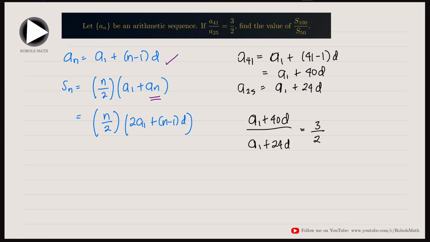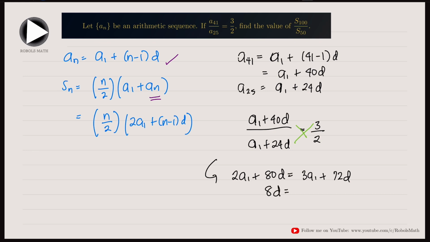We cross multiply, which is basically like the multiplication property of equality. We'll get 2a sub 1 plus 2 times 40d, that's 80d. Then on the right side, we have 3a sub 1 plus 24 times 3, that's 72 times d. We combine like terms, so the left side would be 80 minus 72d, that's 8d.